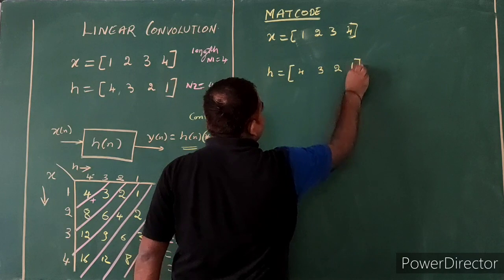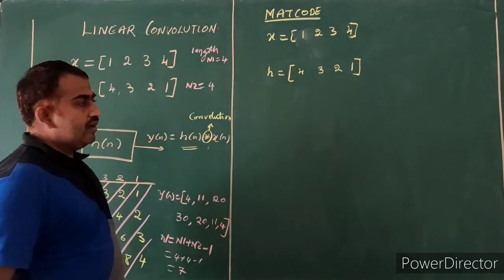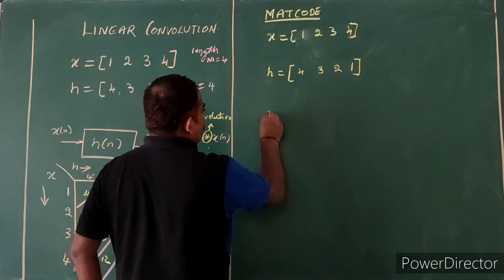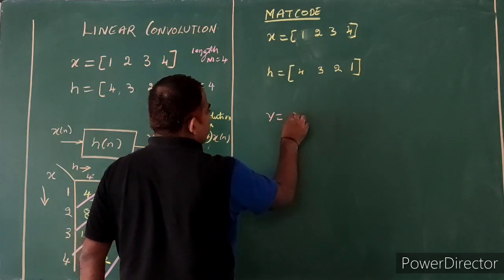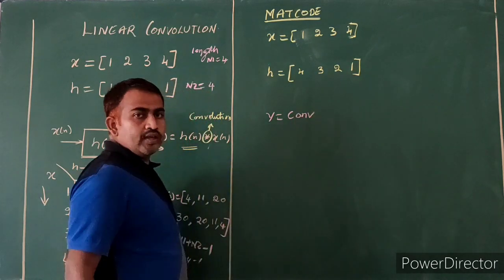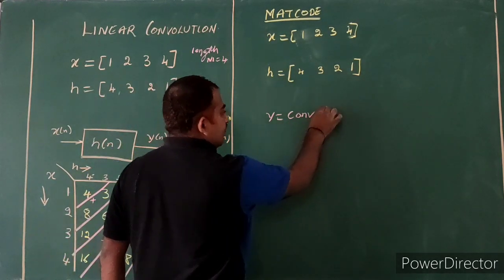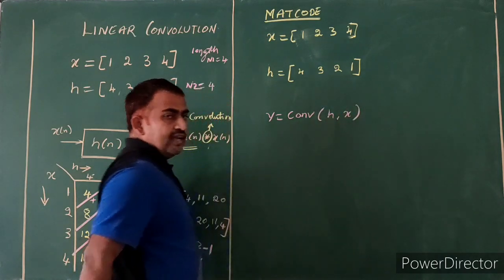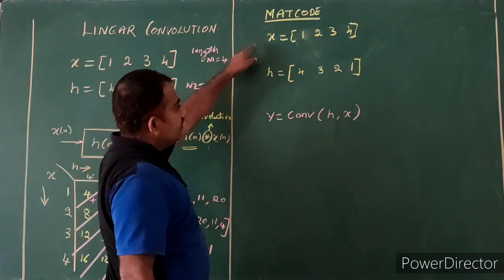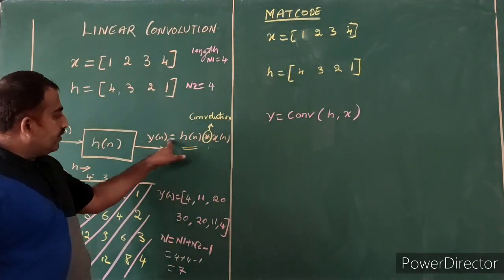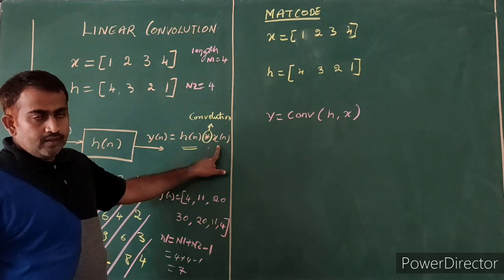Now the final result y is equal to, we have a keyword called conv, for convolution, then h comma x. So these three lines will get me the final value of the convolution.